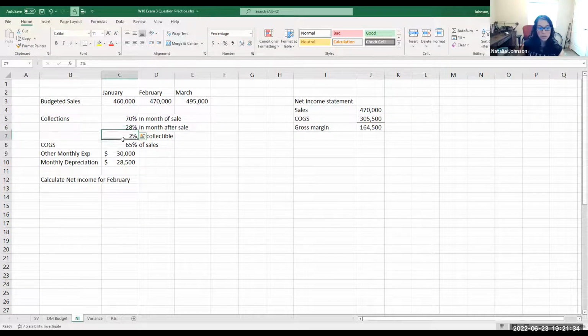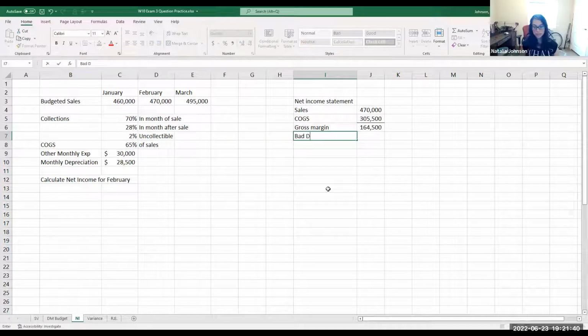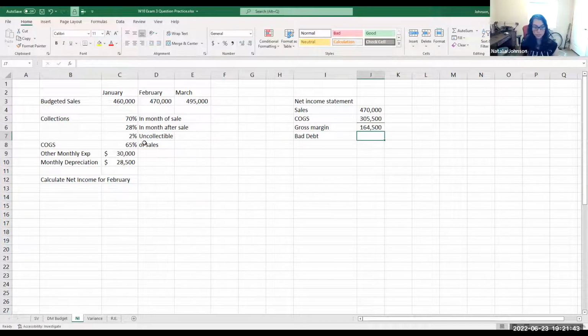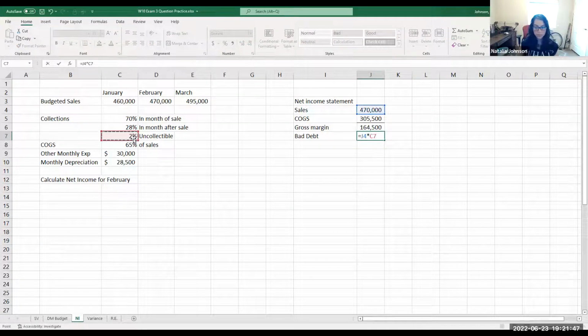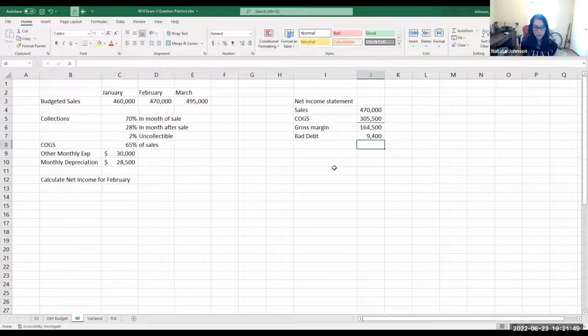But this 2% uncollectible is going to be a loss. So that will be in the net income as bad debt. So 2% of sales. We will also add the other monthly expenses and depreciation.